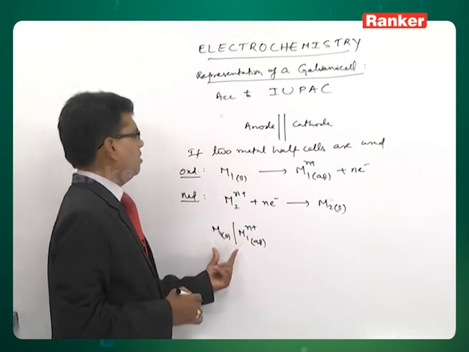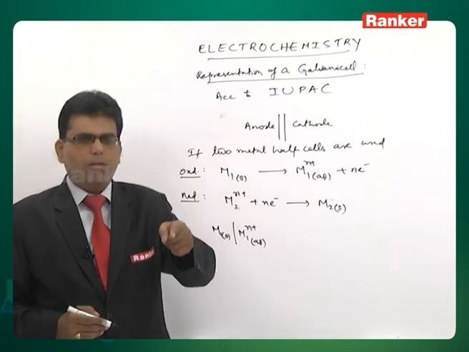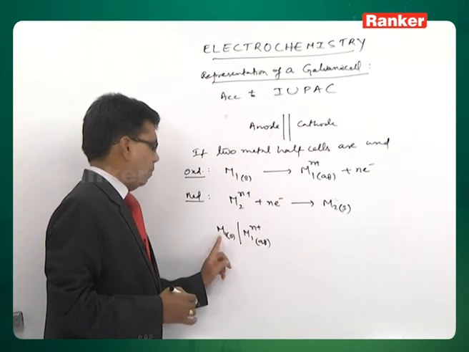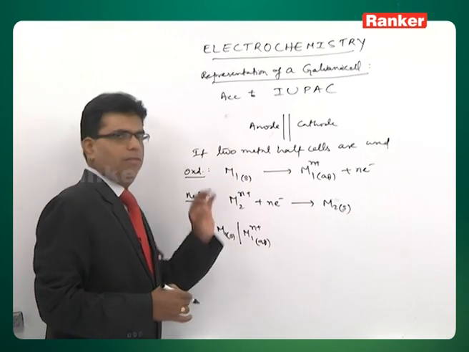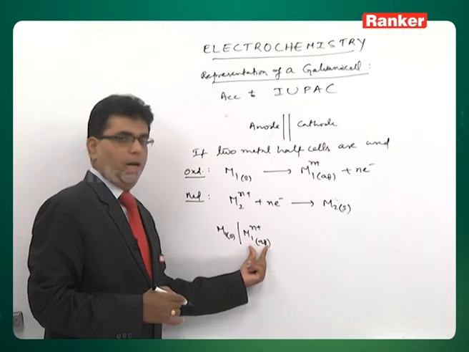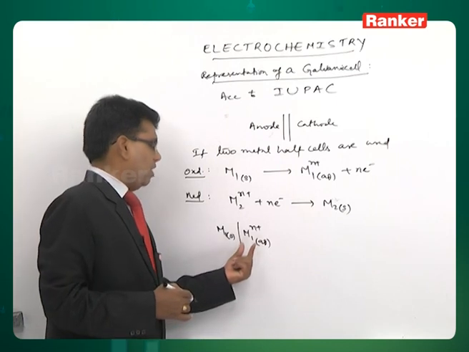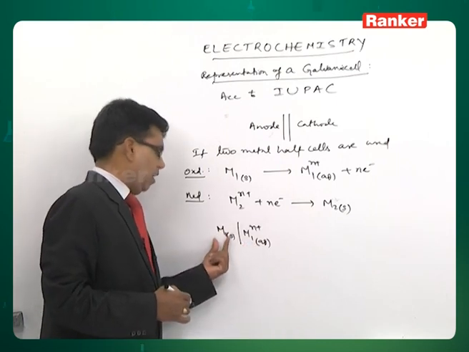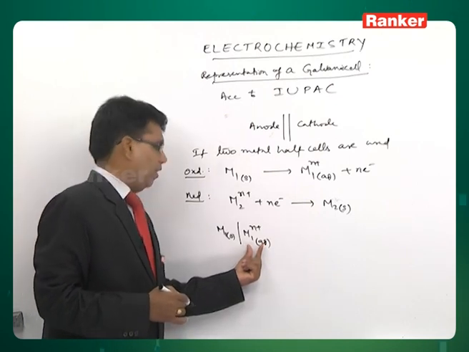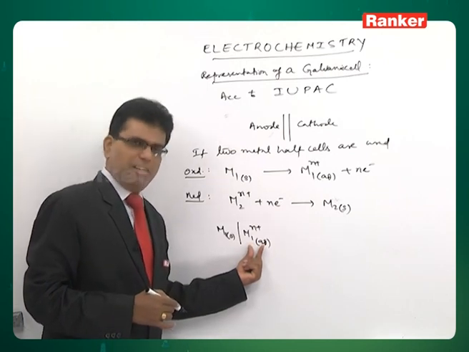The metal and metal ion are separated by one vertical line, meaning a solid metal is oxidized to aqueous metal ion in the galvanic cell. So, as I told already, metal followed by metal ion represents oxidation, but metal ion first and then metal represents reduction.